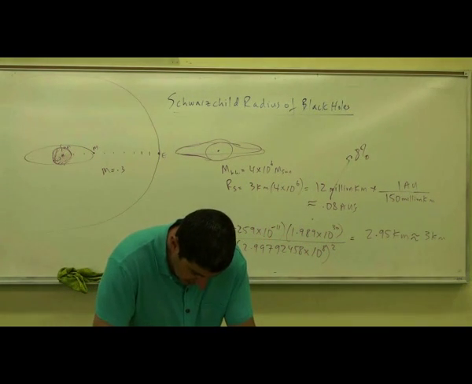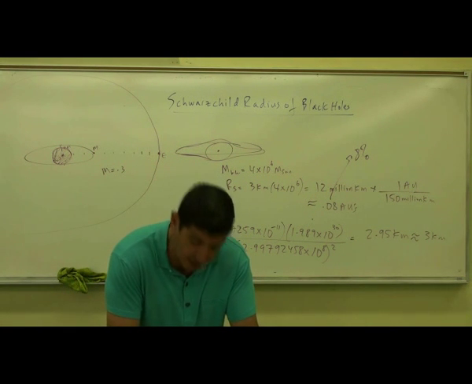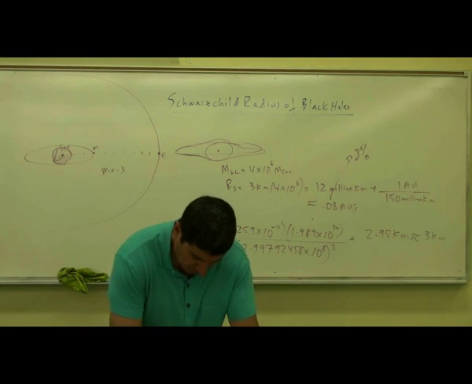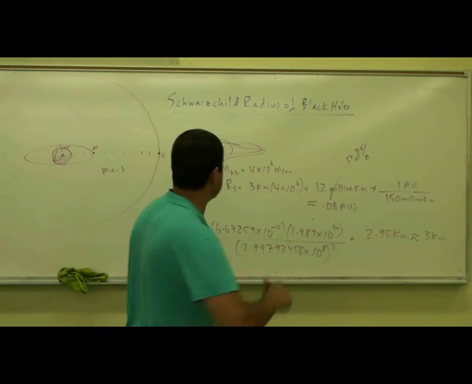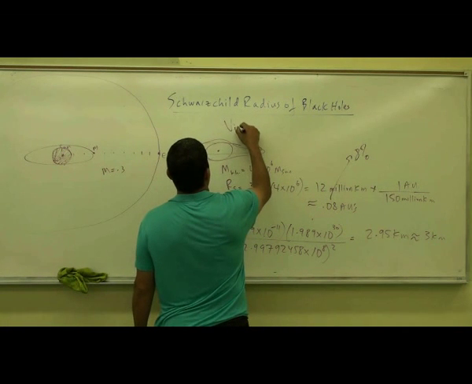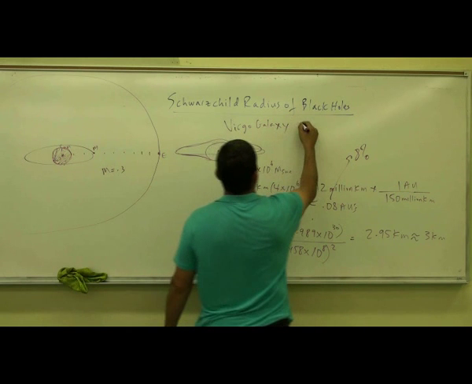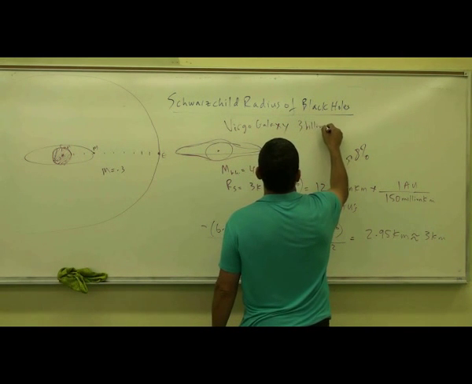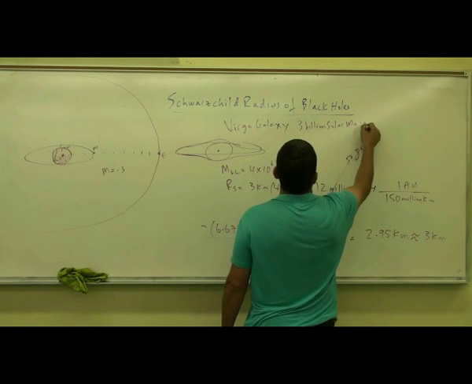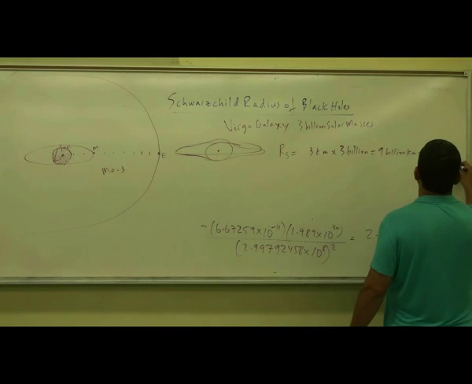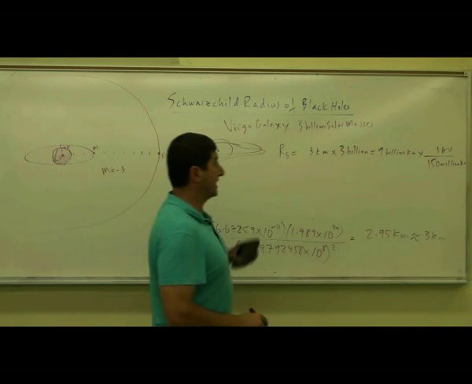What if we imagine another supermassive black hole? At the center of the Virgo galaxy, there's a black hole roughly estimated to be 3 billion solar masses. The Schwarzschild radius is 9 billion kilometers. 1 AU is 150 million kilometers.